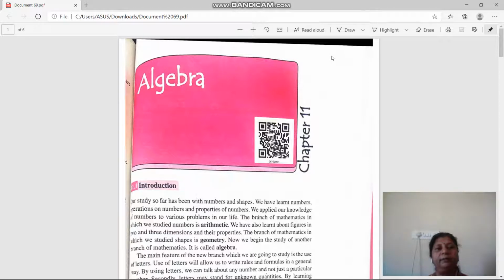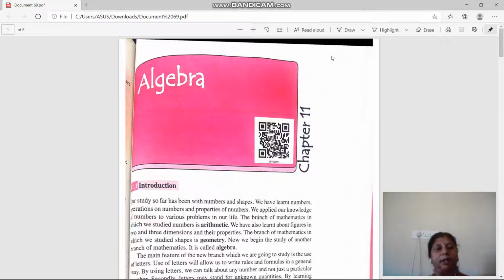So, chapter 11 is of algebra. Okay, so we will start our new chapter today. There are so many branches of maths. Arithmetic is the branch where we study about numbers, that is natural numbers or whole numbers, whatever it may be.